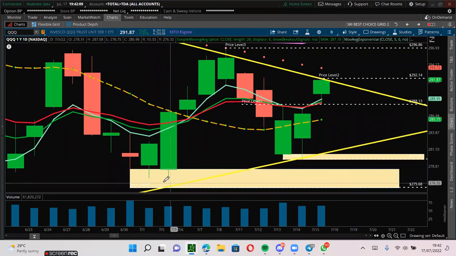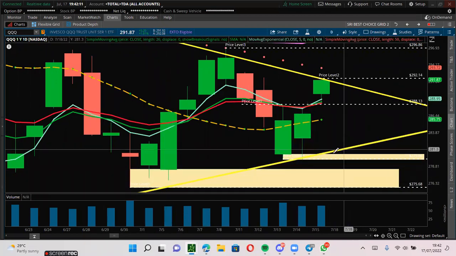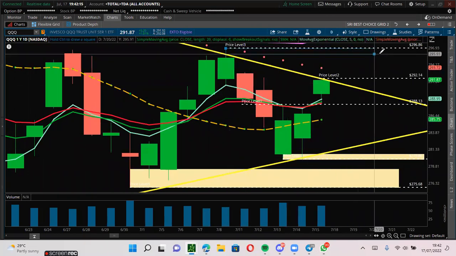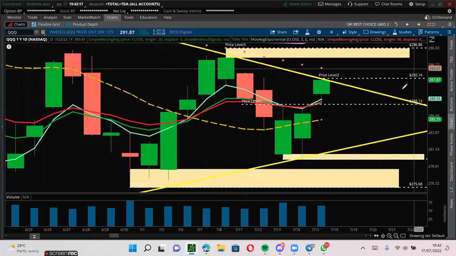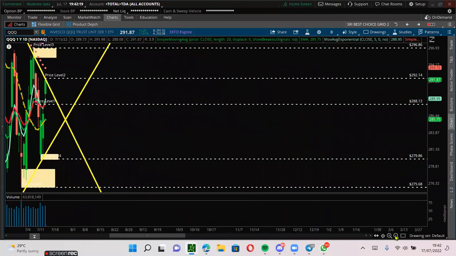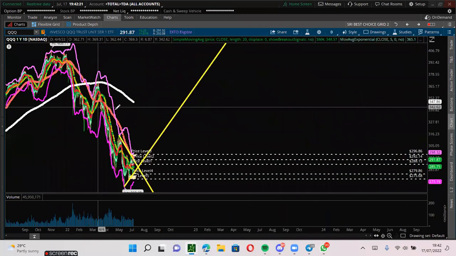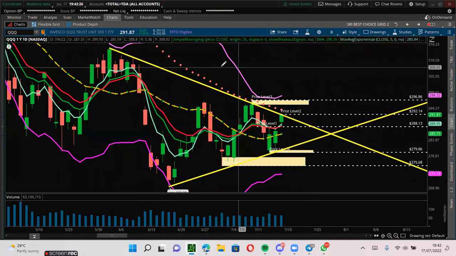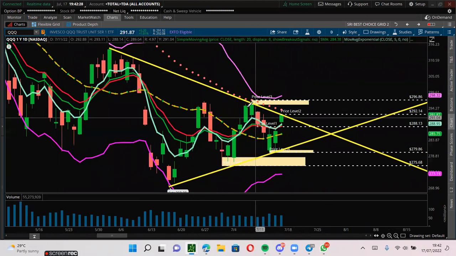Okay, this is the good strong support, and this is the next support. I would say this is the next resistance. So next resistance would be at this level.